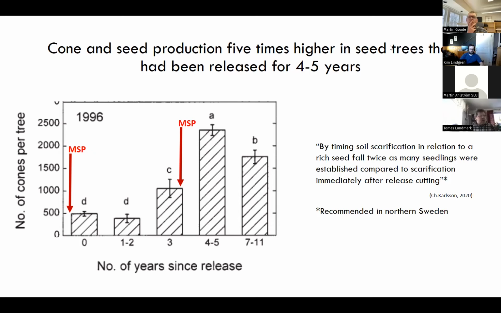Generally, this method of postponing mechanical site preparation is recommended in the northern part of Sweden, where rich seed years are not as frequent as in southern Sweden. However, this was never actually tested in any scientific studies. Both methods were never compared together, which would be quite interesting to look at in the future.